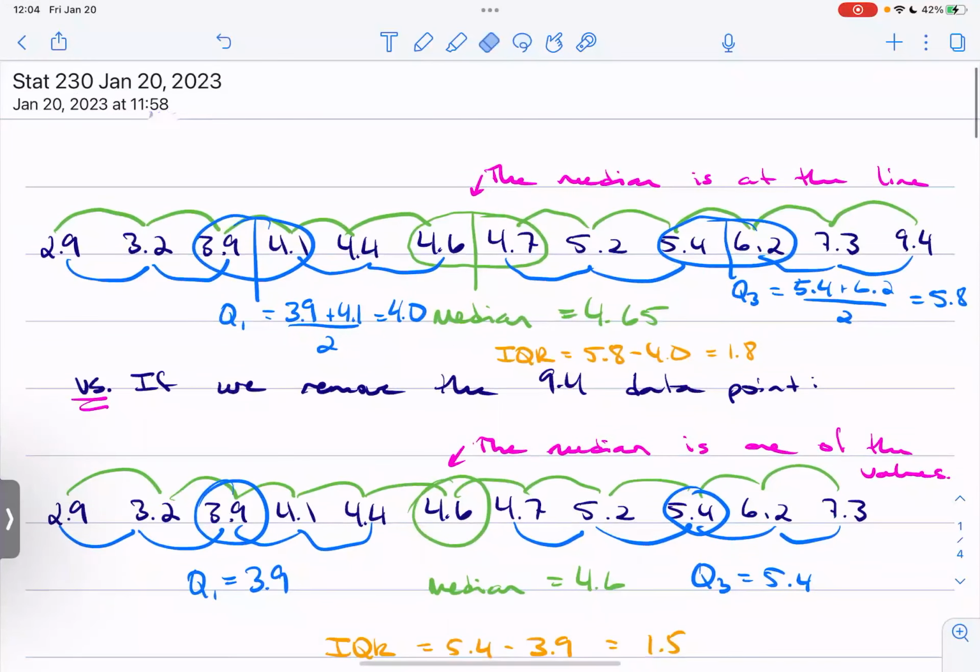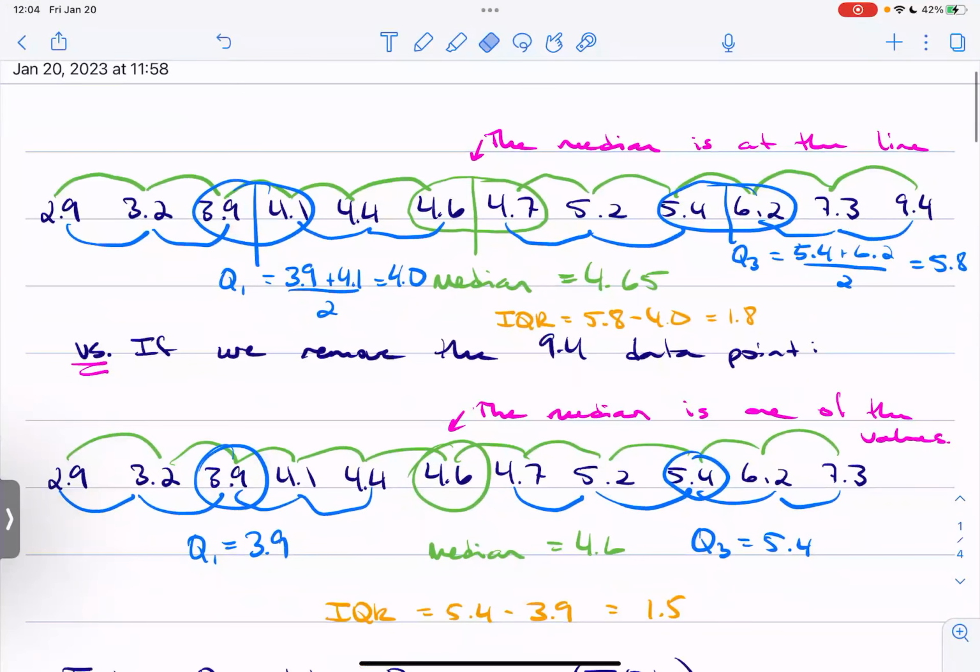Okay. So we looked at two different scenarios, right? Depending on how we found the median, that determines how we find the quartiles, just as a quick review. And I'll just say from last day here, which was just yesterday, I guess, right?